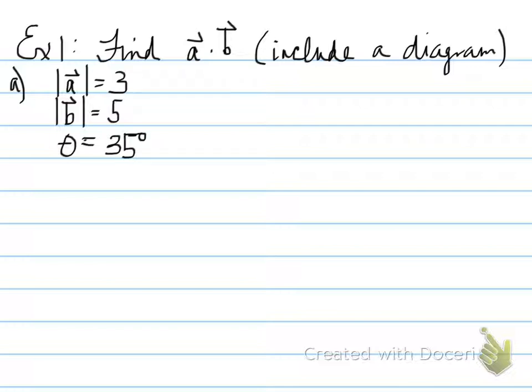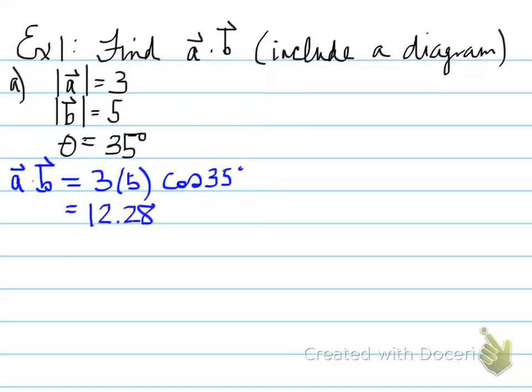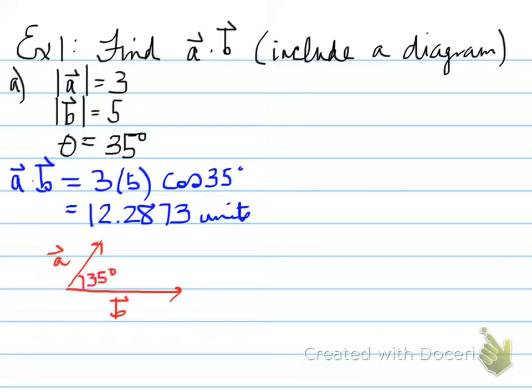So we have an acute angle. We've calculated the dot product and we get a value of 12.2873 units. In the diagram, we have vector A and vector B tail to tail, and the angle is 35 degrees. So it's an acute angle, and you'll have an answer that is positive.